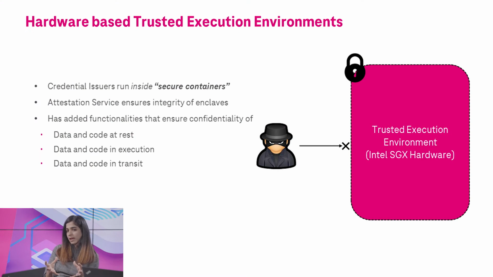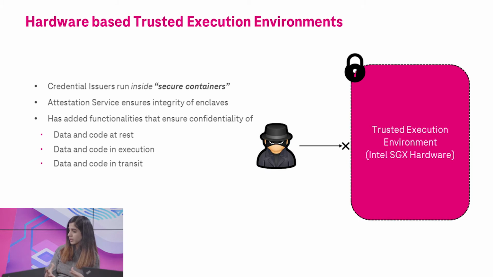We thought about it, and the solution we came up with was that we would run these components inside trusted execution environments. So what exactly is this trusted execution environment, and how would it make the whole process privacy preserving? Think of it like a black box or like a bubble, and your process is running inside this black box. Any data that's going inside this black box and coming out of it is encrypted.